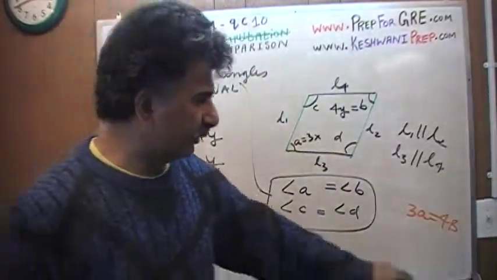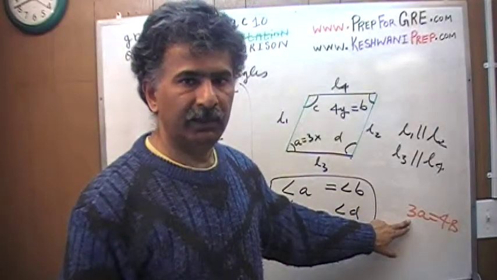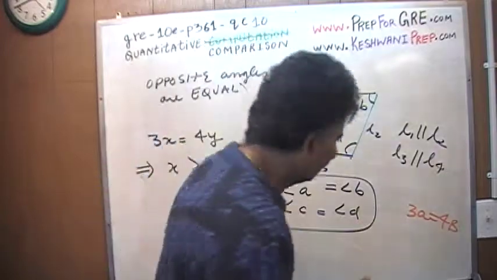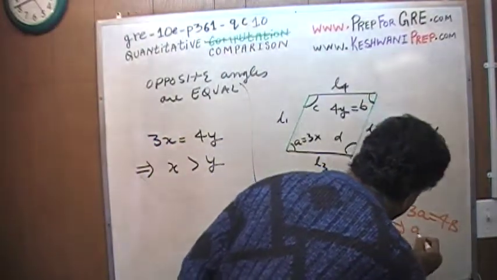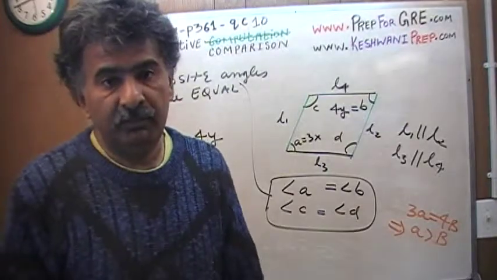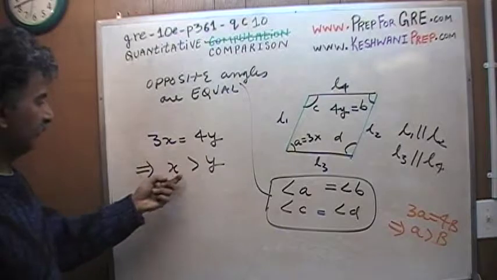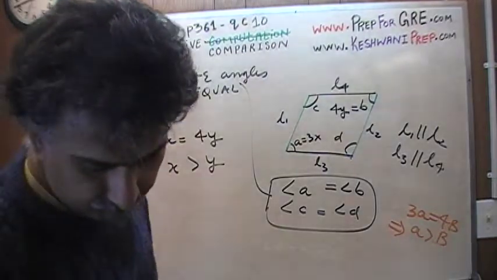Well, if the price of 4 bananas is the same as the price of 3 apples, then apples must cost more. That implies that an apple has to cost more than a banana, because the cost of 3 of them is equal to the cost of 4 of the others. Same thing here. If 3x equals 4y, then x would have to be more than y, and that's all they're looking for.